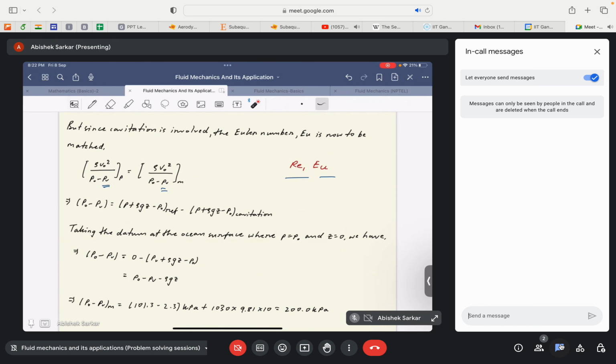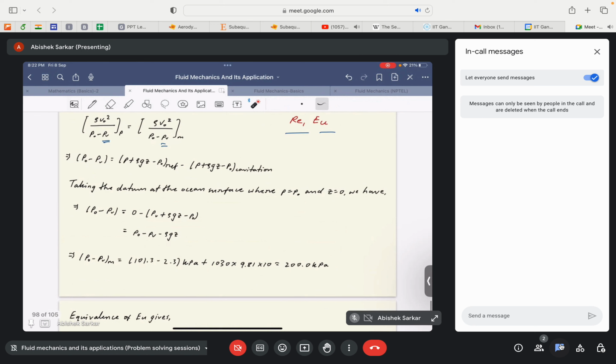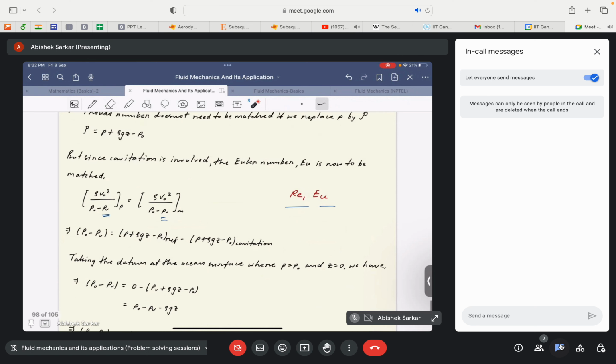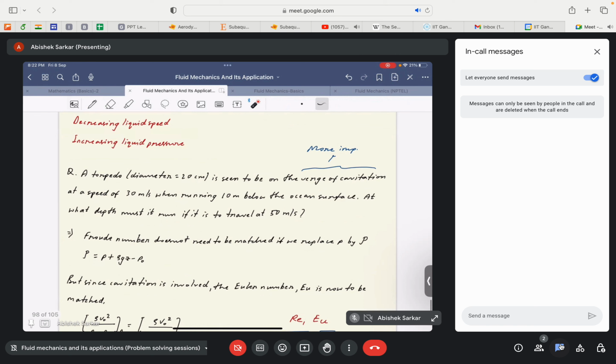So here p will be equal to p naught, so this will cancel, and z equal to 0, so this term will be 0. So we will have only this term. So we have p naught minus pv minus rho gz. Given that we know the values, we substitute the value of pv. P naught is basically atmospheric pressure. So let me just mention it: pv is 2.3 kilopascal.